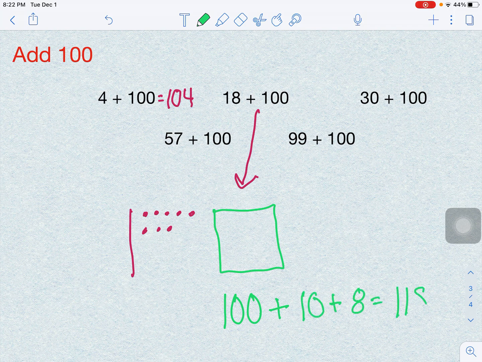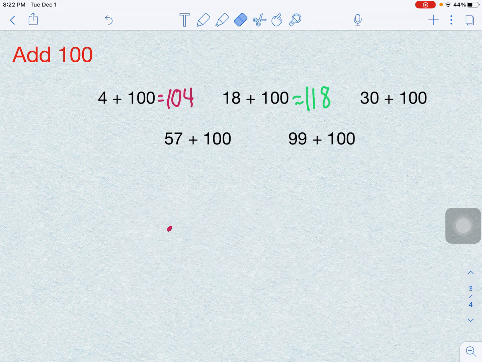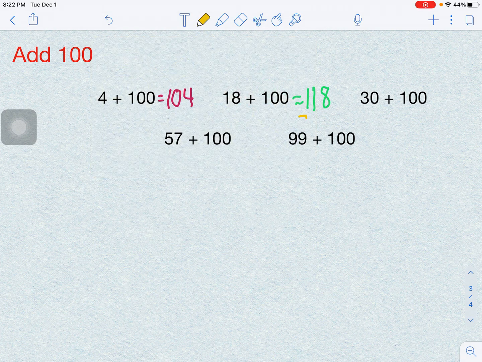So I now have 118. So again, I am noticing that my number is now increasing by 1 in the hundreds place. Oops, still had my eraser on part. Sorry about that. My number is increasing by 1 in the hundreds place.